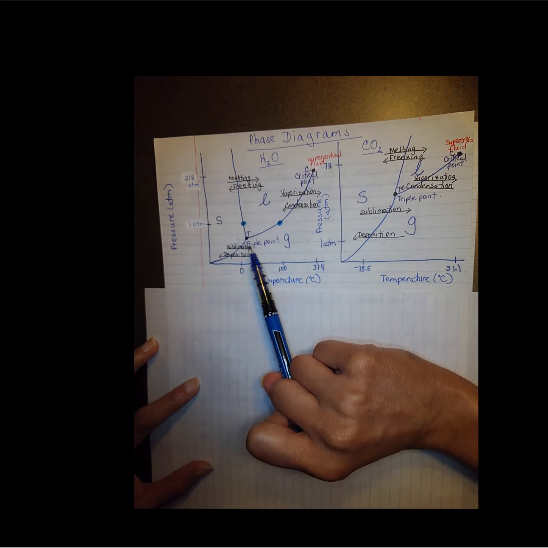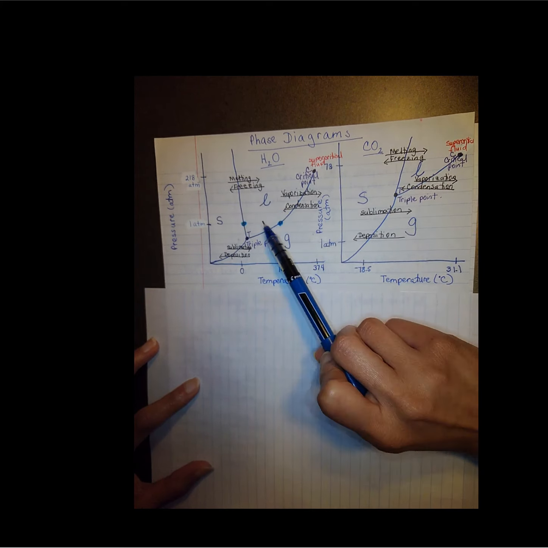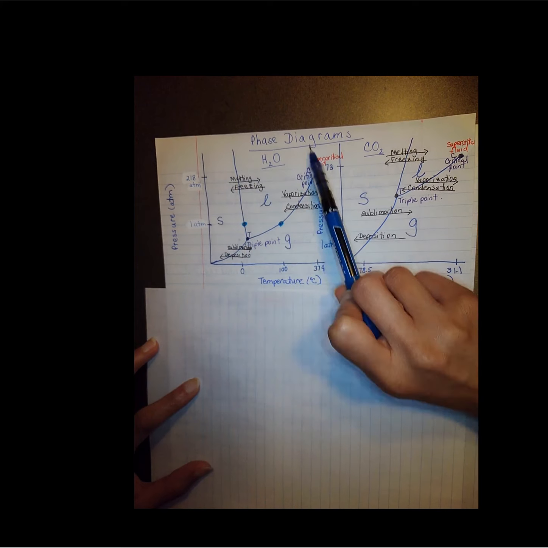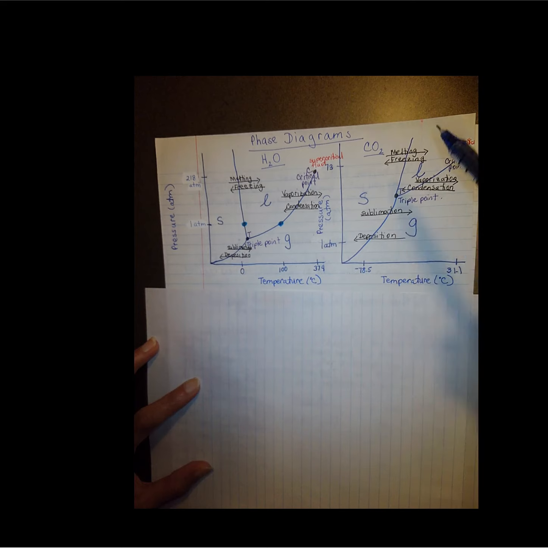In this case, you can tell that for water, the liquid happens to be a larger area, but for carbon dioxide, it is more of the solid and the gas that happen to be larger areas, where a very small portion of it is liquid.